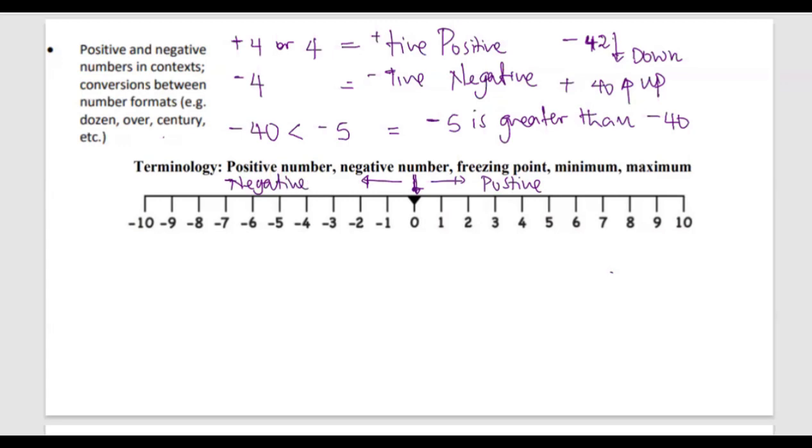They have a symbol in front of them. Then we are saying freezing point is this 0 here. Water freezes at 0 degrees, all right? Water freezes or becomes solid at 0 degrees.